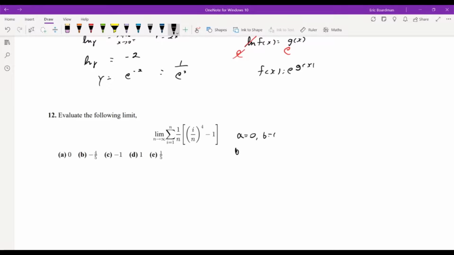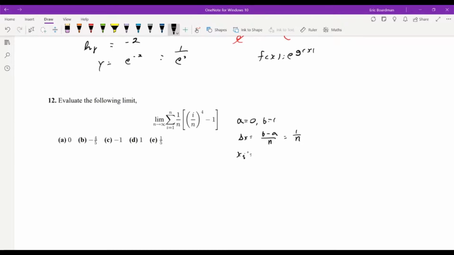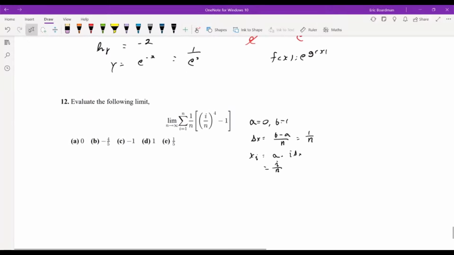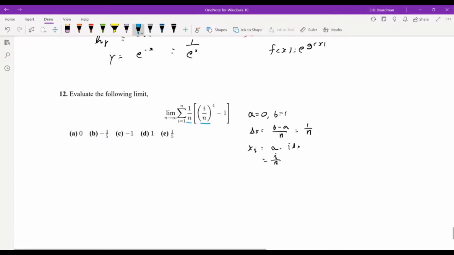So we know that delta x equals b minus a over n. And so we can just make sure that checks out. That's 1 over n. And yeah, that's good. And then xi is a plus I delta x, which is just I over n, which checks out here as well. Because we have our delta x right here, and we have our xi right there.